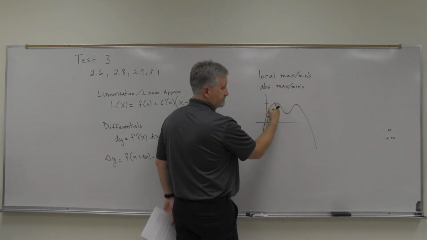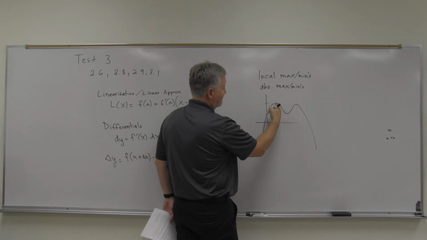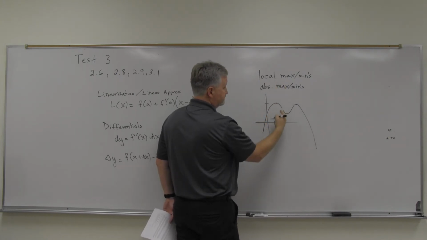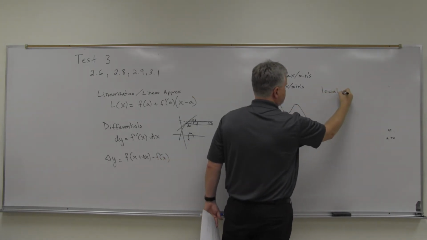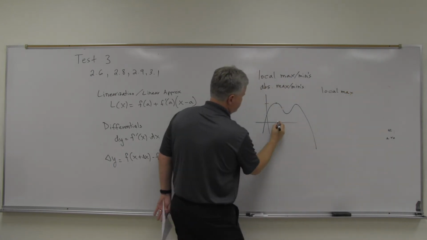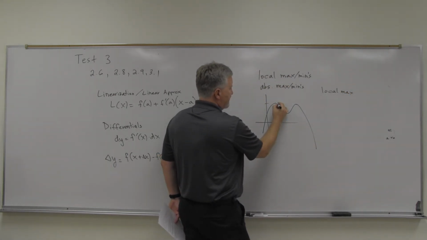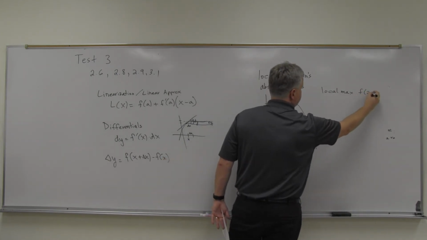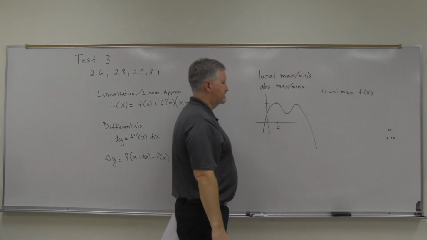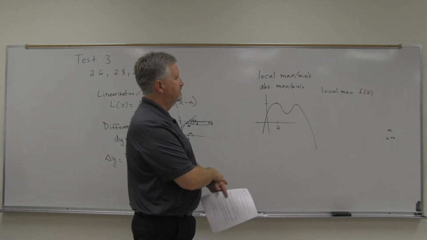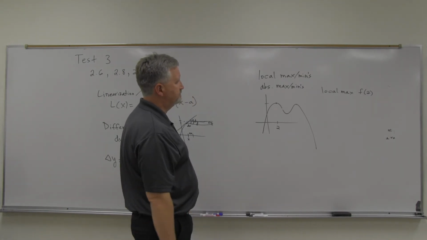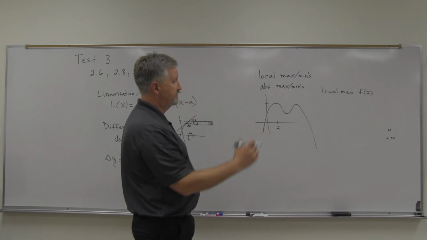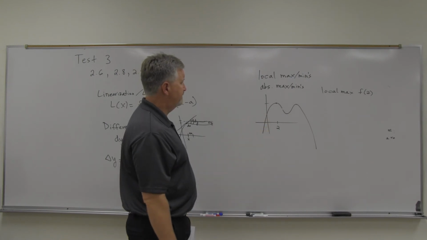Oh, and the other thing I'm kind of a stickler on is the actual local max here is the function value. So if that's, let's say, a 2, that would be a local max. So f of 2. If we had specific values there, we could give the actual height, but it is a function value, so be sure to include that.